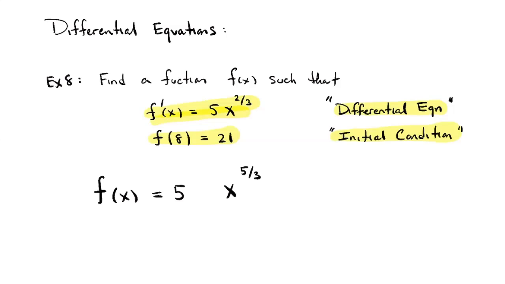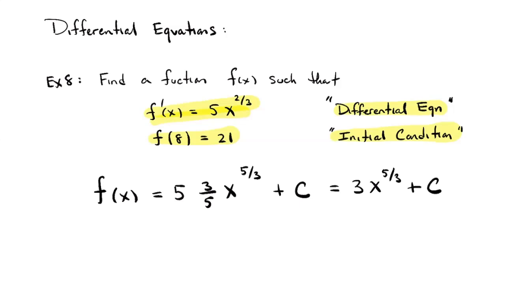And then I need to divide by 5/3. I prefer multiplying by 3/5. All right, so there's an antiderivative. If I add an arbitrary constant, that's a general antiderivative. And I can clean that up a little bit because 5 times 3/5 is 3.